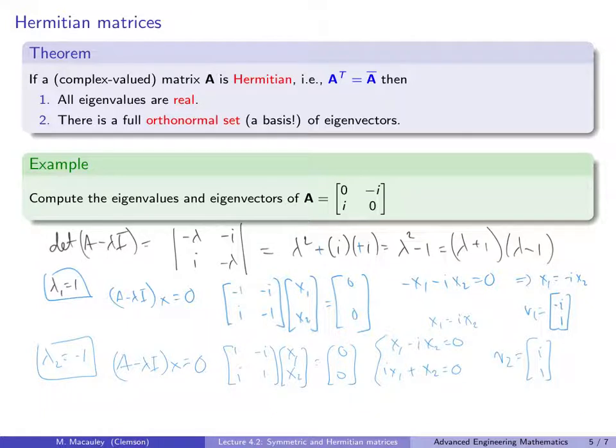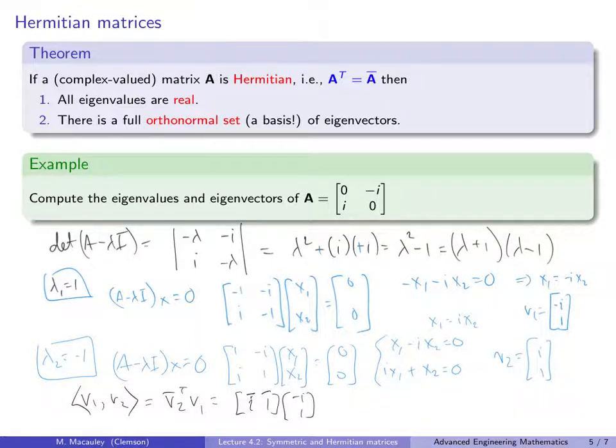Are these orthonormal? Do you remember how to compute the complex inner product now? Let's see, v1 and v2. That was v2 conjugate transpose times v1. So that's the conjugate of i, 1, and we have to put bars on this.